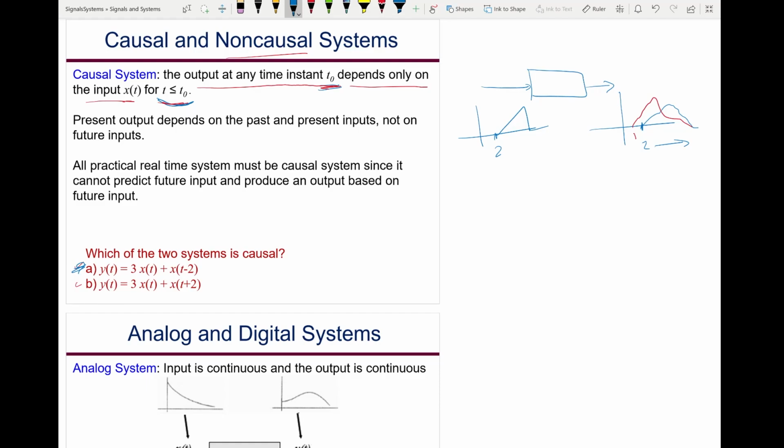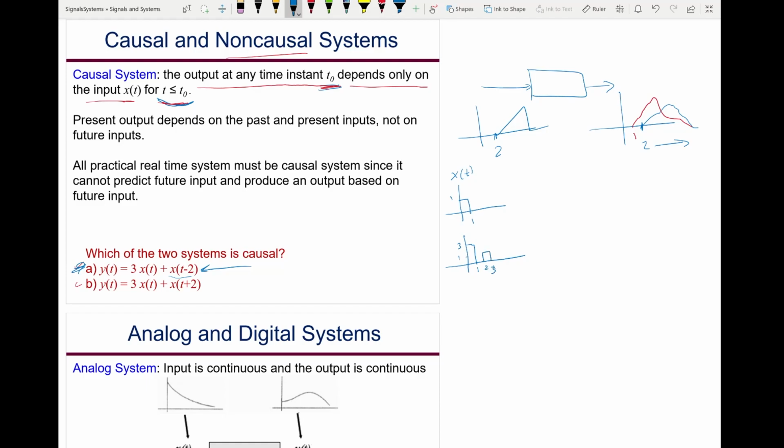So if I have an input x of t, and let me say that input equals, just simple, I can choose anything, 1. Then the output, according to these equations, is 3x of t. So I amplify x of t by a factor of 3, so that is 3, plus x of t minus 2. So that is shifted 2 units, so that is here.